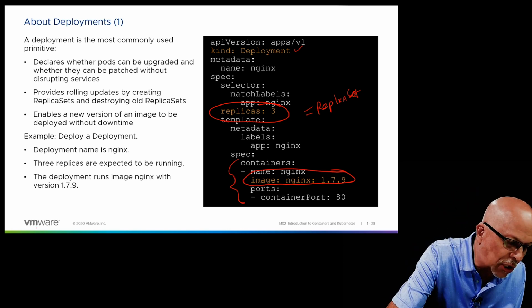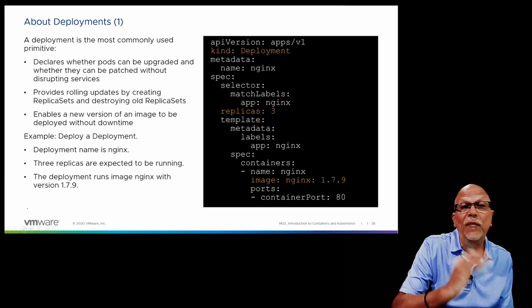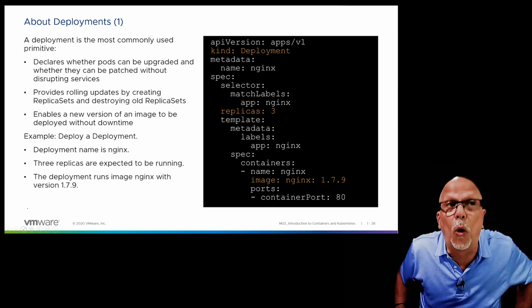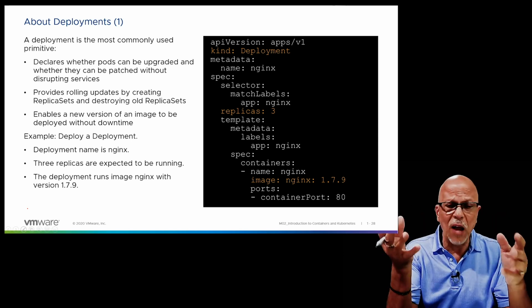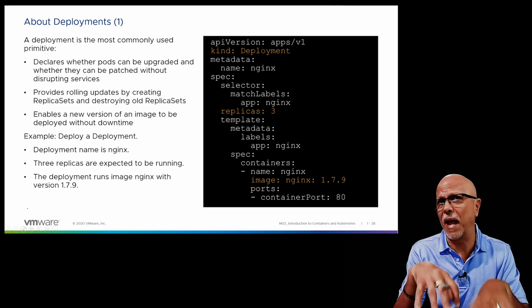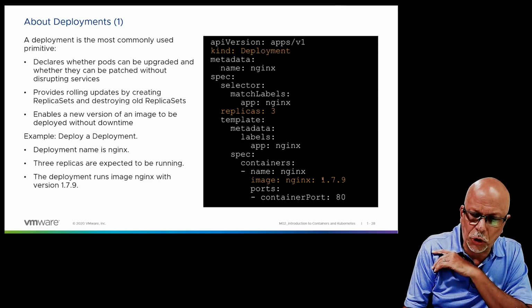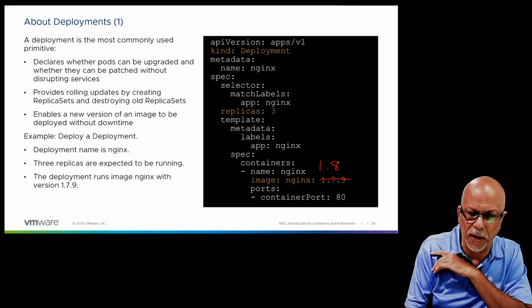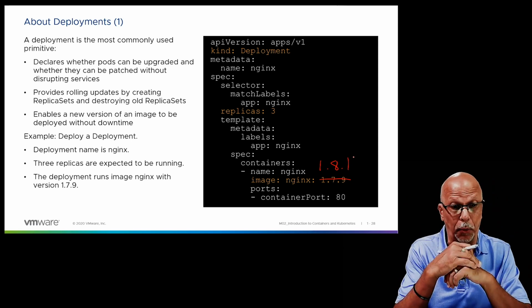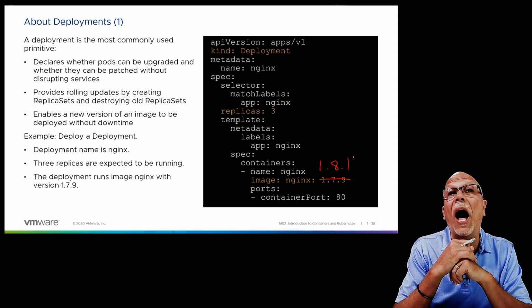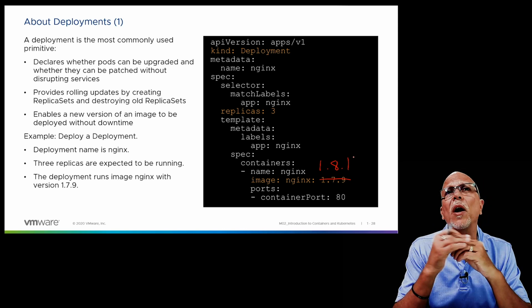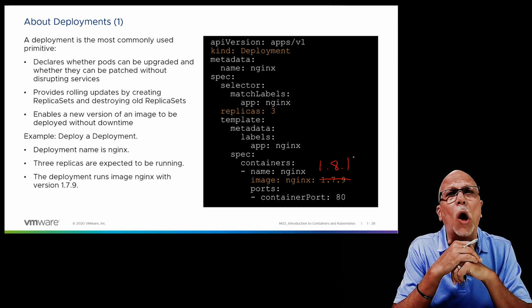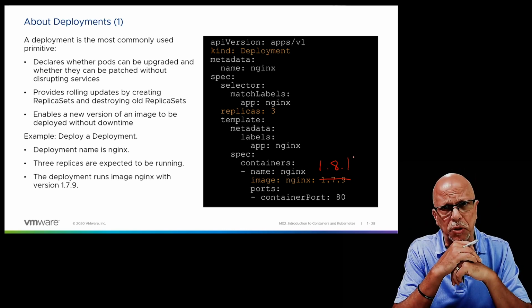If my developers came to me and said, hey, we've got a new version that we want to roll out that has these new features or enhancements, I would be able to come to my deployment manifest file, simply change this version, let's say to 1.8.1, for example, reapply this, and it would automate my rollout for me. Before we had deployments, we didn't have an easy automated mechanism to do this.